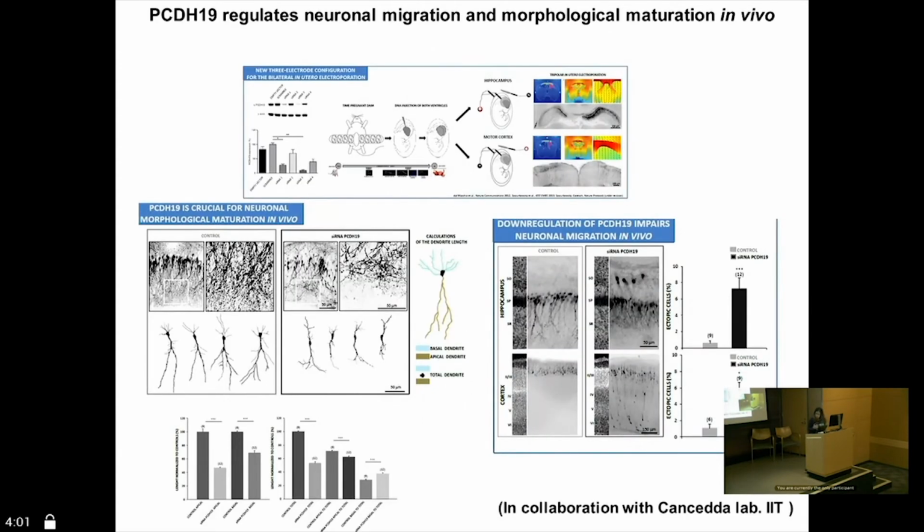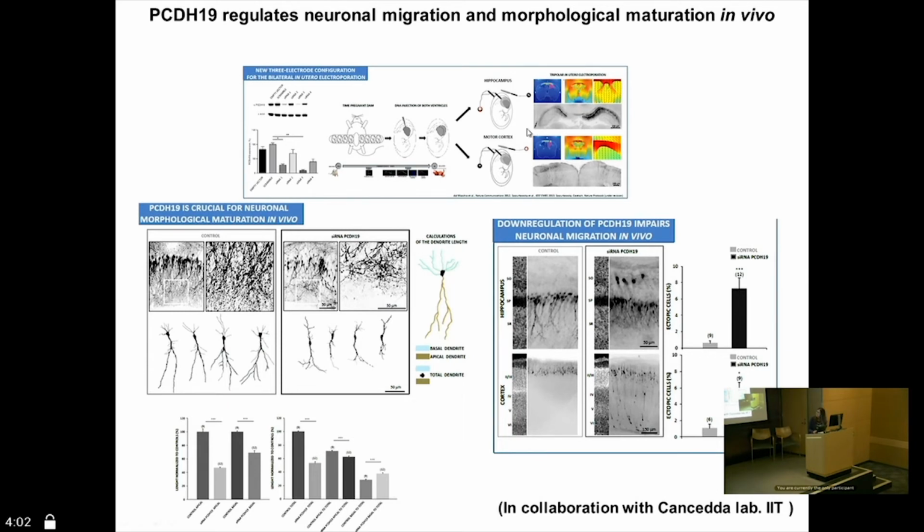But what happens in vivo? As mentioned, we are interested in studying the function of protocadherin 19 in vivo, and we are using two different approaches. In this case, our collaborator Laura Concetta in Genova performed this nice experiment.